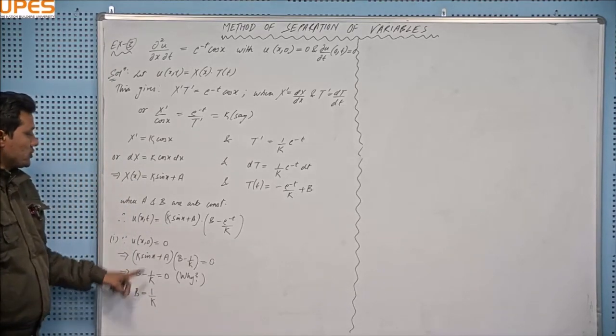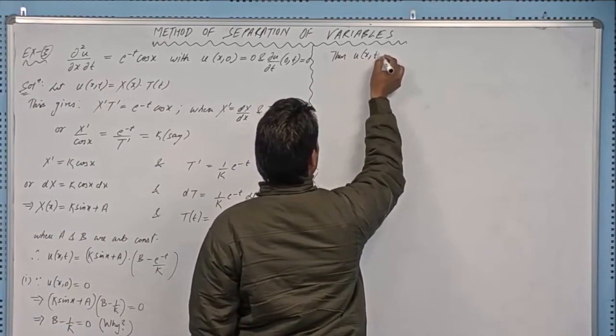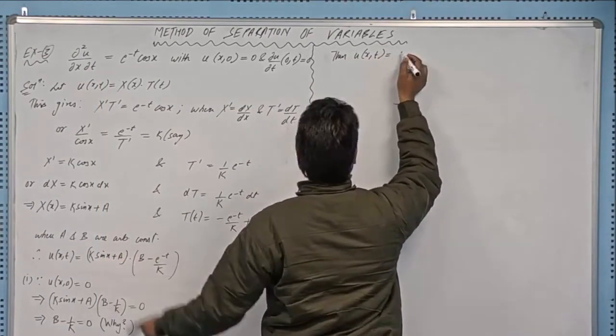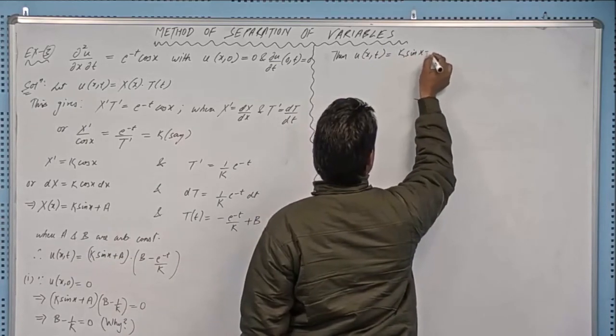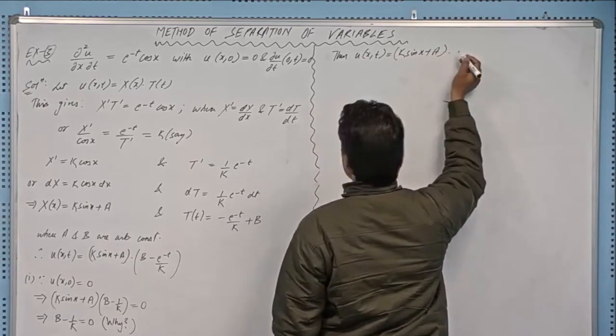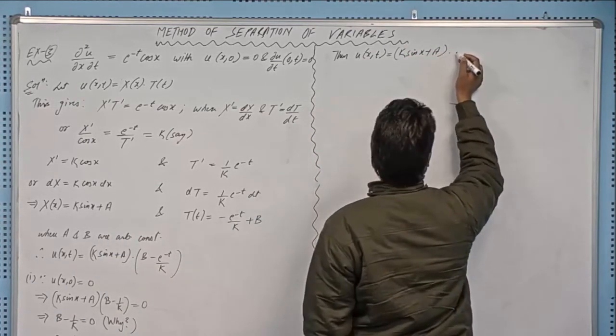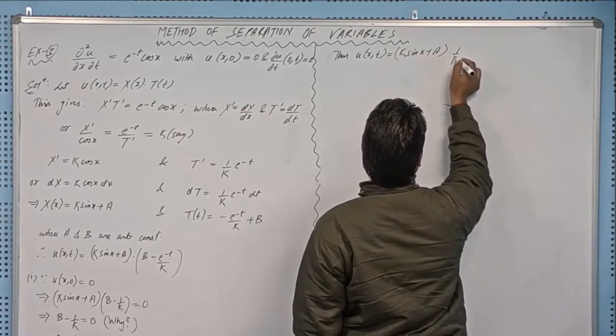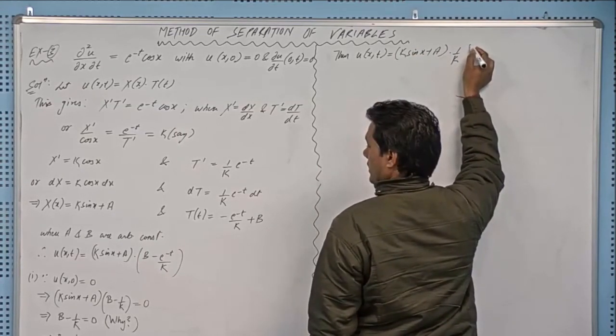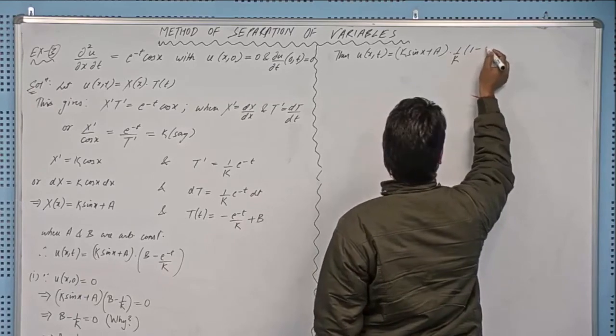Then my solution reduces to k sin x plus capital A multiplied by the value of B, which is 1 by k, so it comes out as 1 by k times 1 minus e to the power minus t.